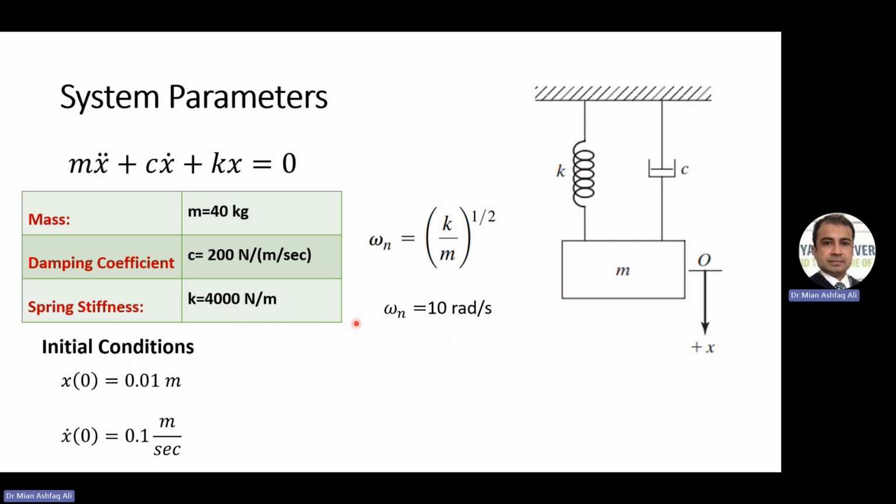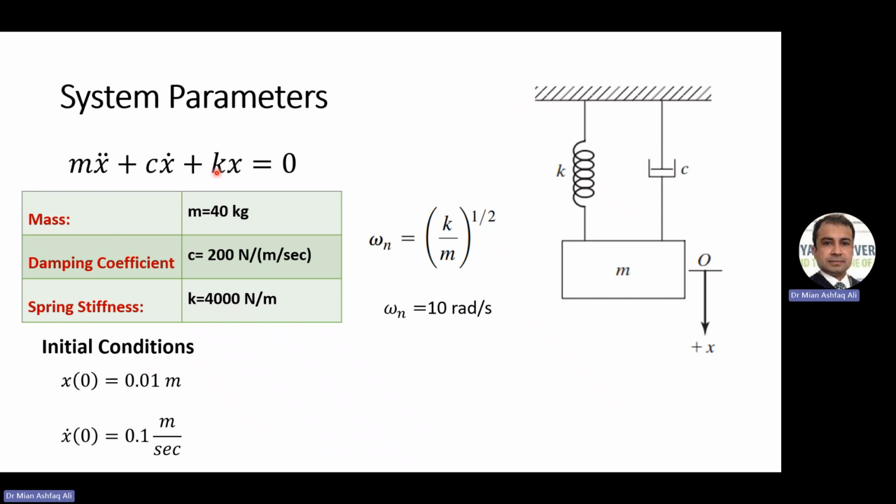Here is just one example of the system parameters. We are considering this as a general equation of motion, and then we are using those three values for a real life example. So we have the value of mass, the value of damping coefficient, and the value for the spring constant.